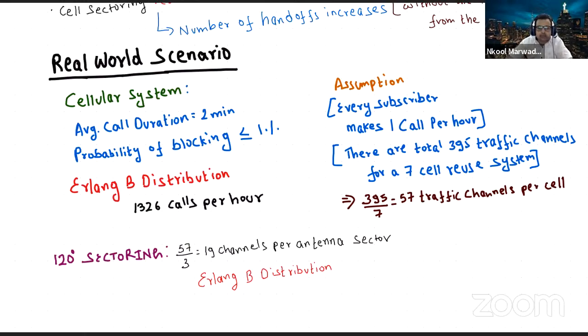Every sector supports 336 calls per hour.